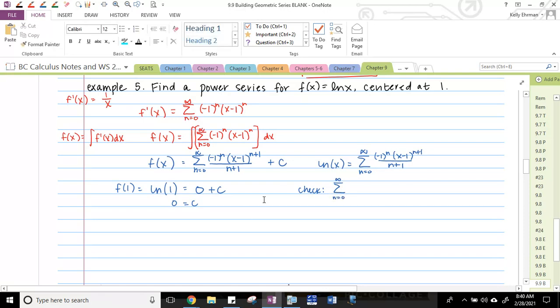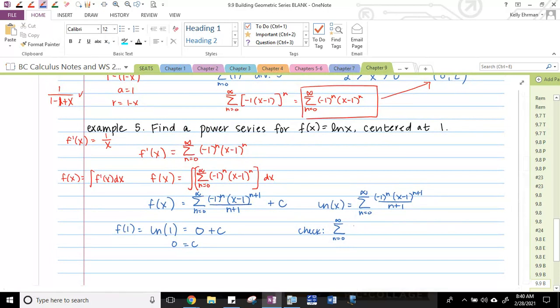If I plug in 0, I've still got negative 1 to the n. 0 becomes negative 1 to the n plus 1 over n plus 1. Now you always need to simplify those negative 1 to a powers. If those are the same number, you need to simplify what you have. If you add their exponents together, you'd have negative 1 to the 2n plus 1 over n plus 1.